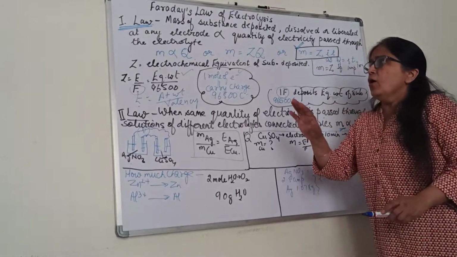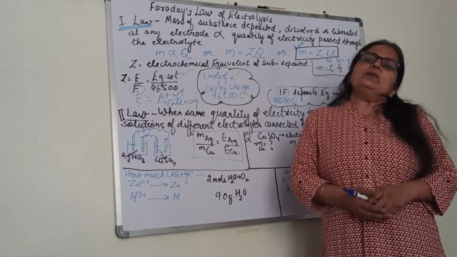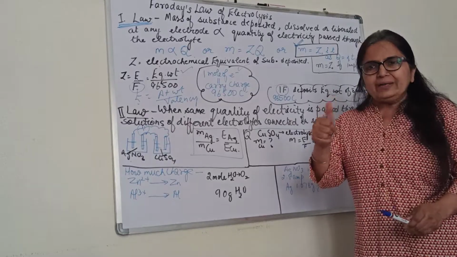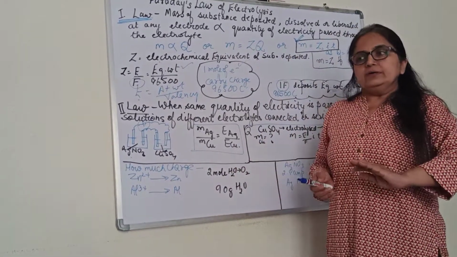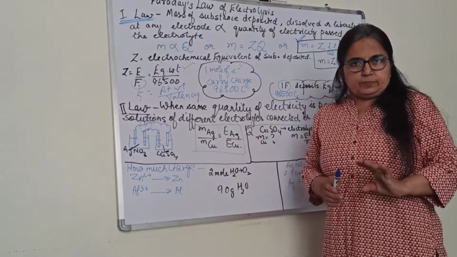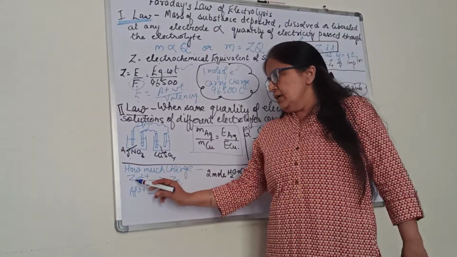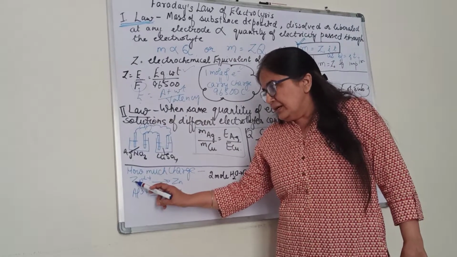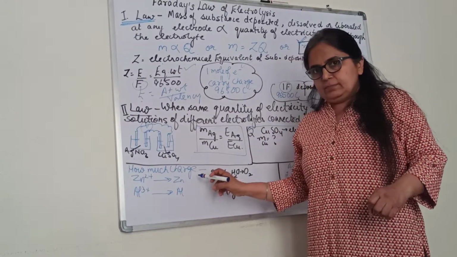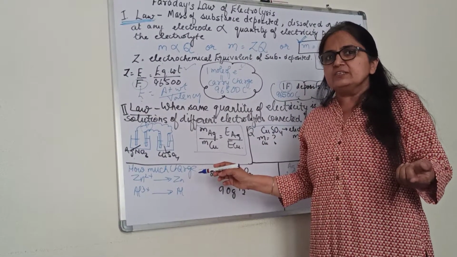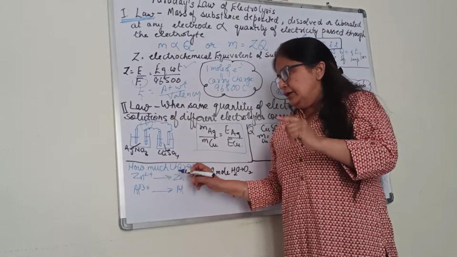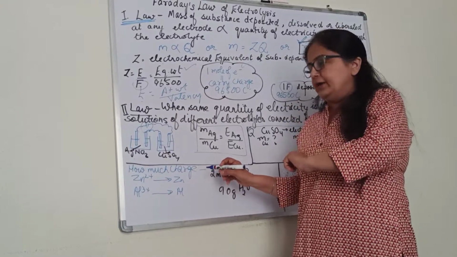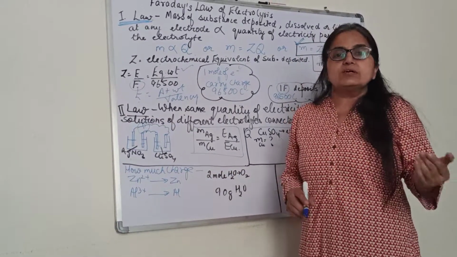Now on this basis, you know what variety of numericals you will come across. One category is to calculate the charge required in a particular conversion. For example, to convert Zn2+ to Zn. This is a reduction. To reduce 1 mole of zinc ion to zinc, how much charge is required?